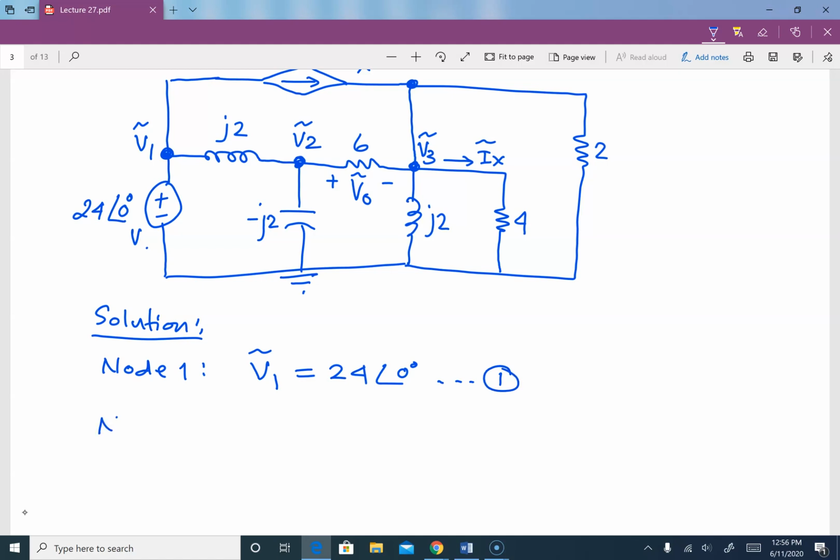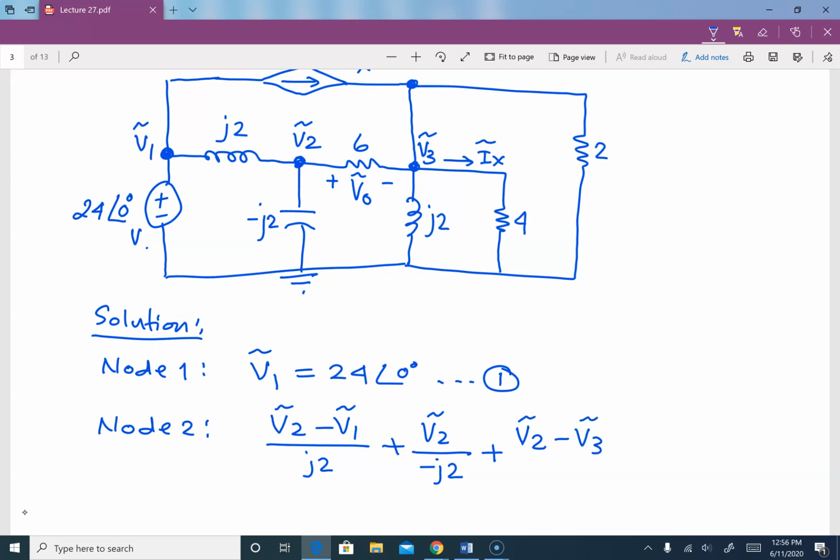Now at node 2, we have V2 minus V1 over J2 plus V2 over negative J2 plus V2 minus V3 over 6, that is equal to 0.